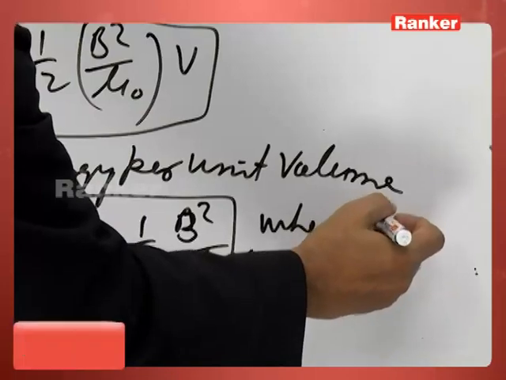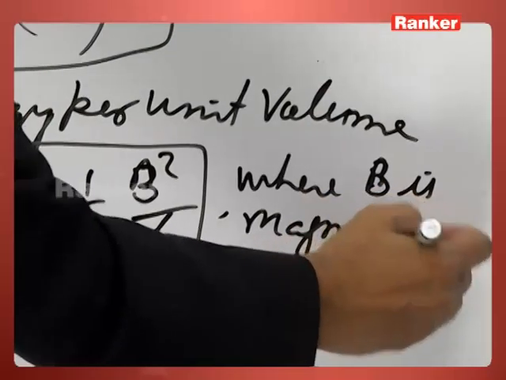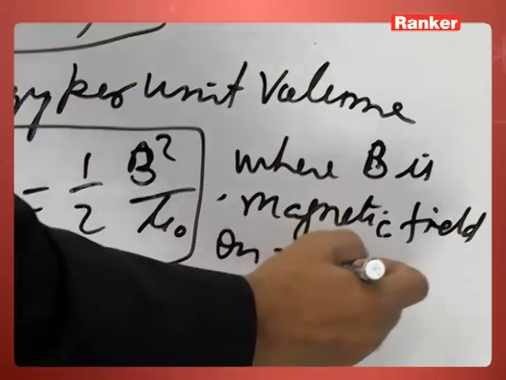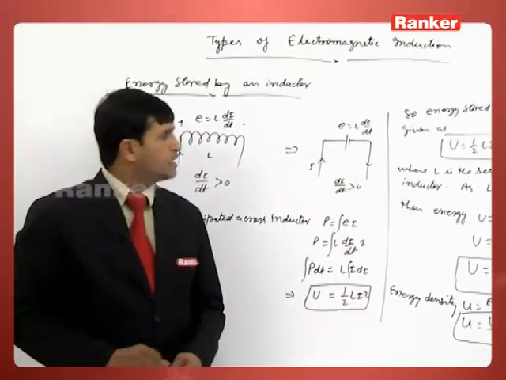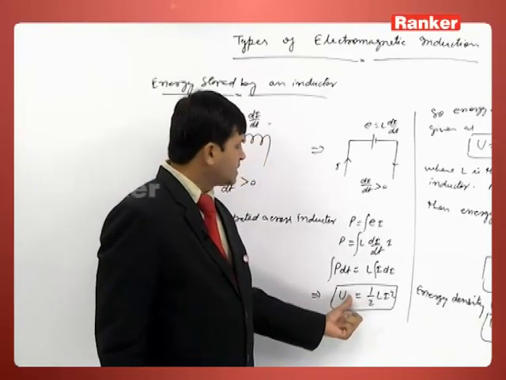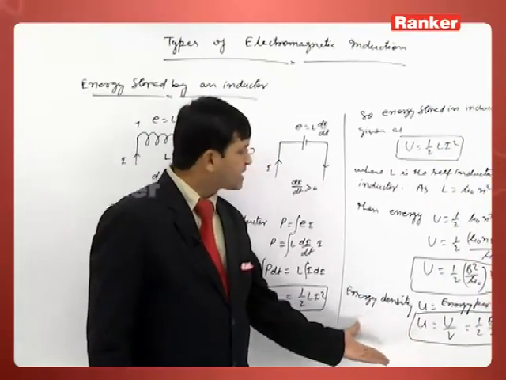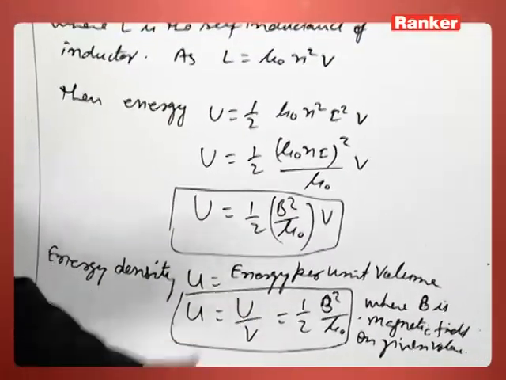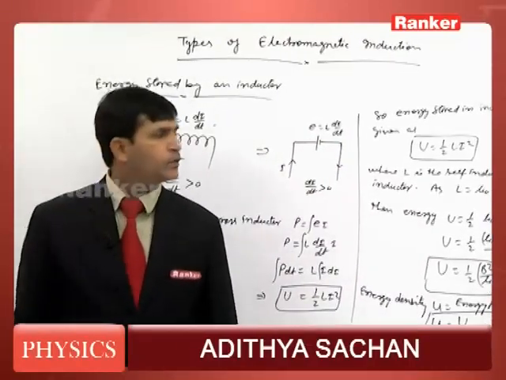So for energy stored by an inductor, the general formula is U equals half L i square, and more generally in terms of energy density, energy per unit volume, u is capital U by V, where V is the volume, which comes to 1 by 2 B square by mu naught.